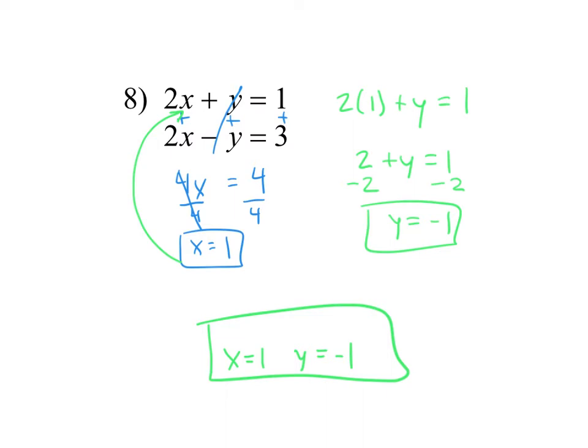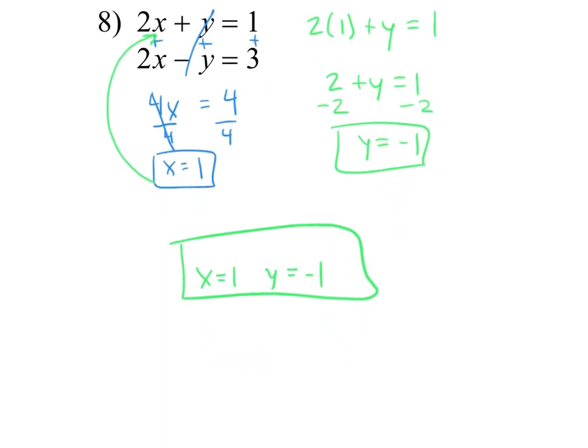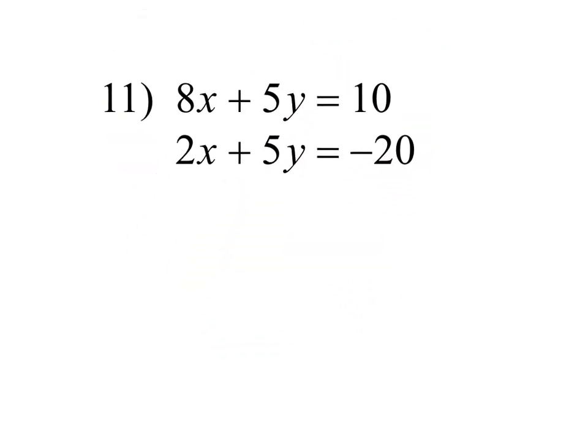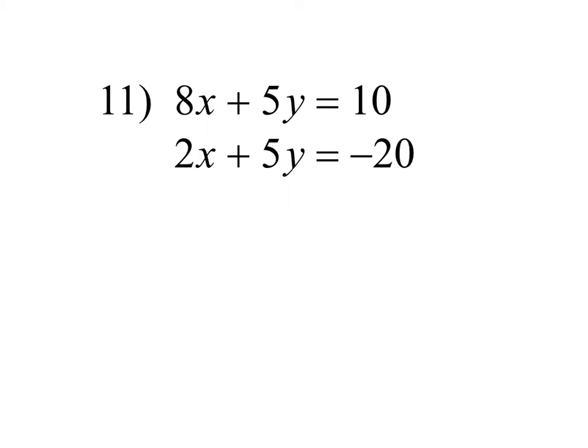Any questions? All right. Let's look at 11. Can we combine these two equations right off the bat, or is there something we need to do first? Do we have opposite terms?